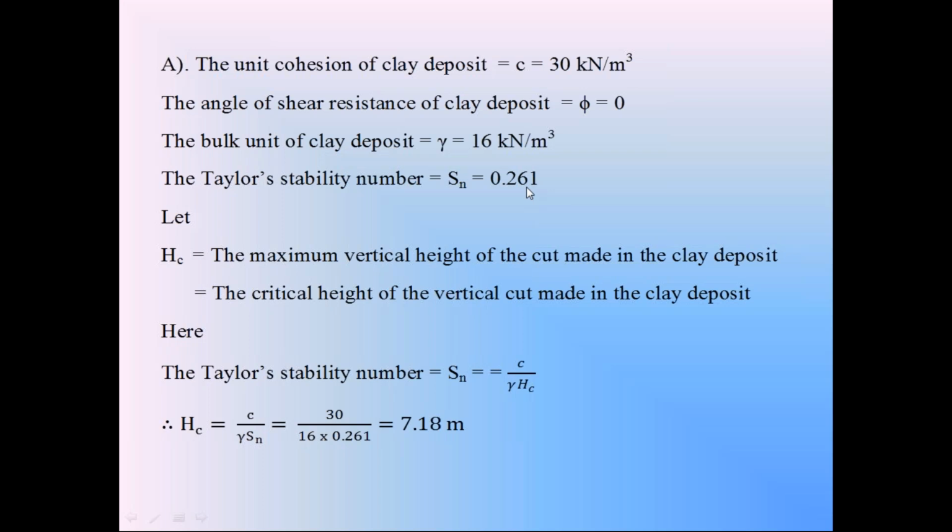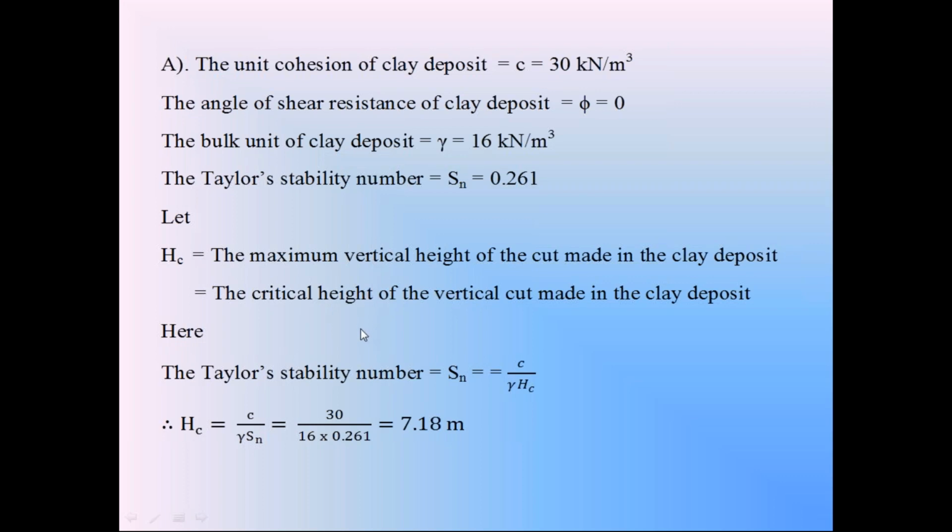Then we are asked to find the maximum vertical height of that side of the canal. Take HC as the maximum vertical height of the cut made in the clay deposit for the construction of the canal. We also call this HC the critical height, either the maximum height or critical height.